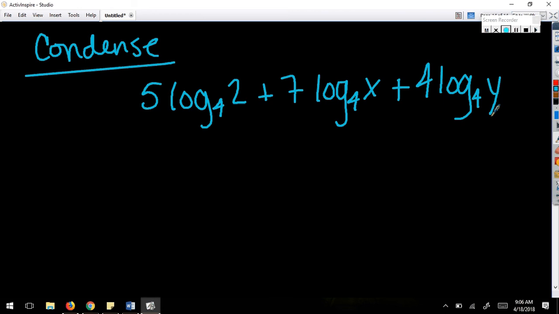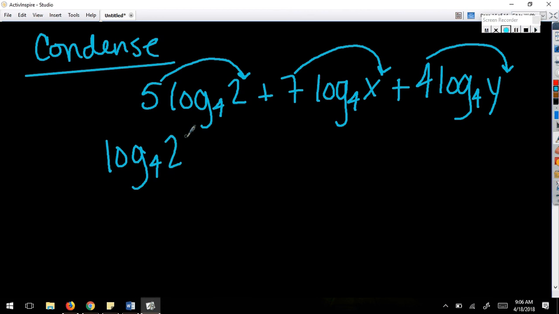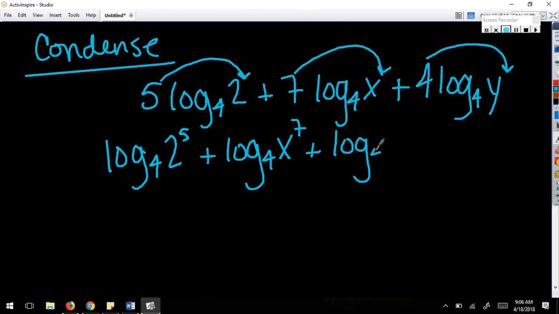You can move the numbers that are in the front. Exactly. Those numbers that are in front can come around and become exponents. So I get log base 4, 2 to the 5th, x to the 7th, y to the 4th.